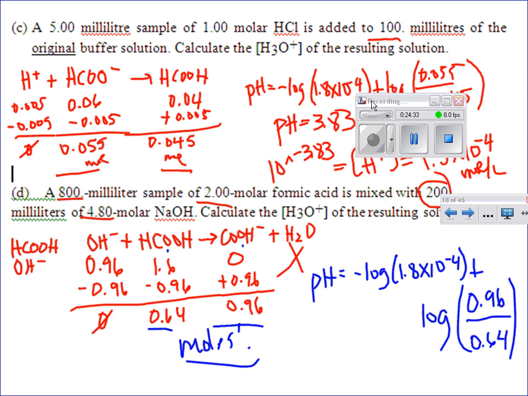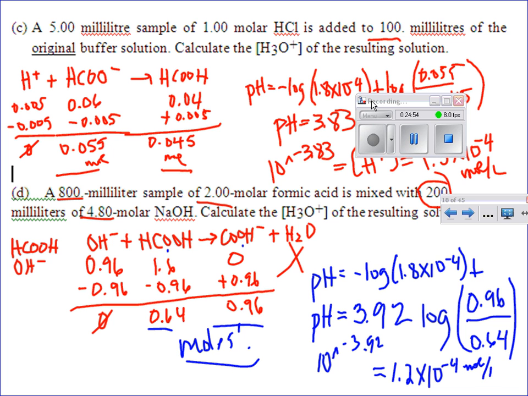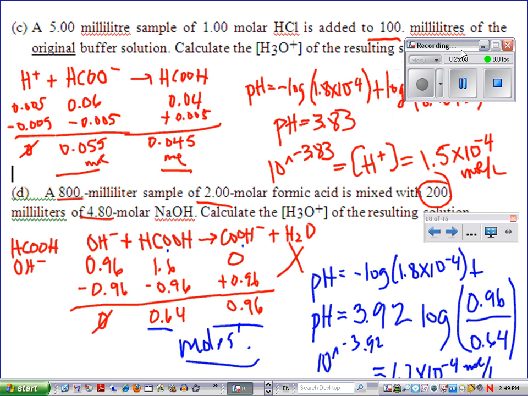Over 0.64. It sure saves us some time, though. pH came out to be 3.92. And then the 10 to the negative 3.92, because again, we need the H plus concentration, is 1.2 times 10 to the negative fourth moles per liter.